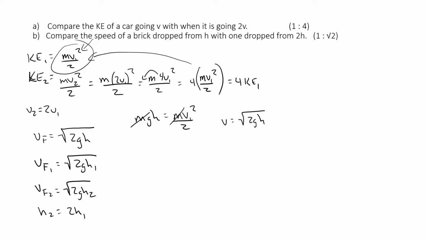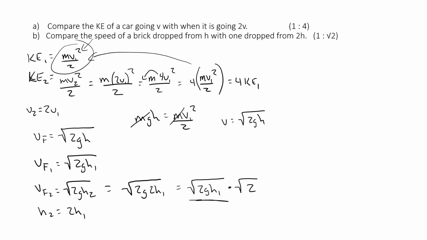Okay, so let's put that in here. 2G times 2H1. Now we could multiply these twos, but we're not going to. What we're going to do is separate this into two things. We can make this the square root of 2GH1 times the square root of 2. And here's the reason why.